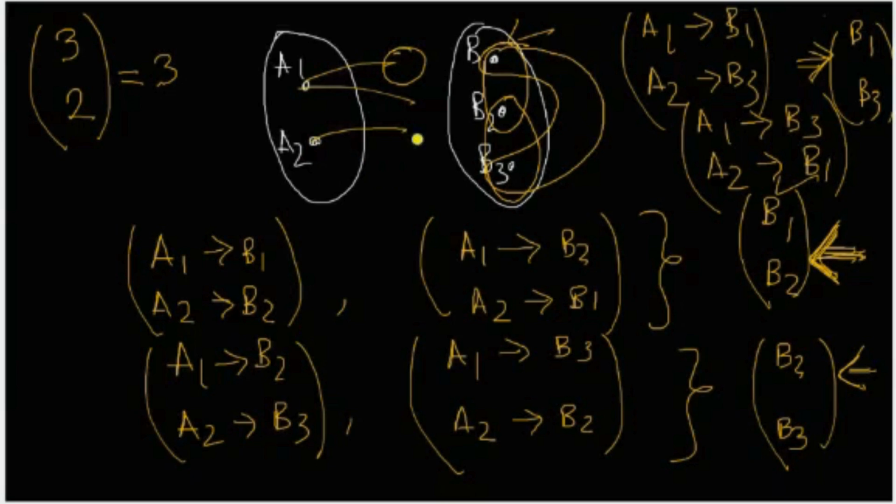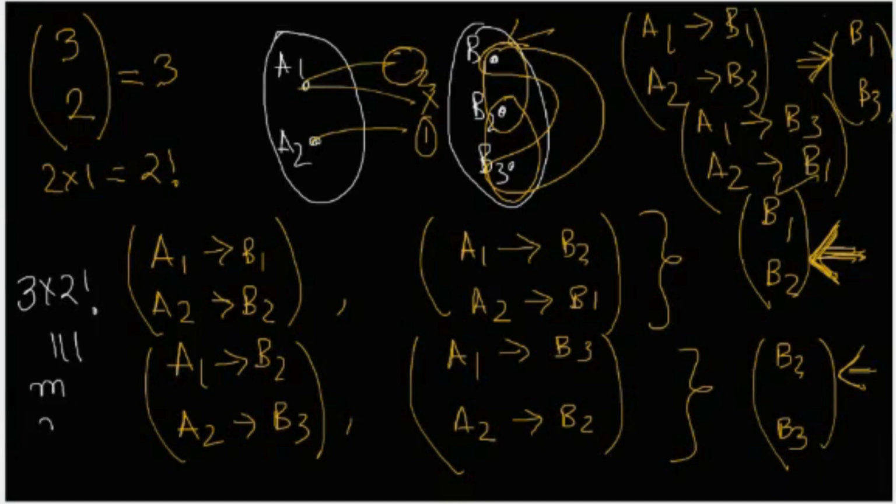So in total, you will have 2 times 1 choices, which can be written as 2 factorial. So the answer is, if you have seen the previous generalization, 3 times 2 factorial. This is just a special case for mCn times n factorial. Okay. Any doubts?